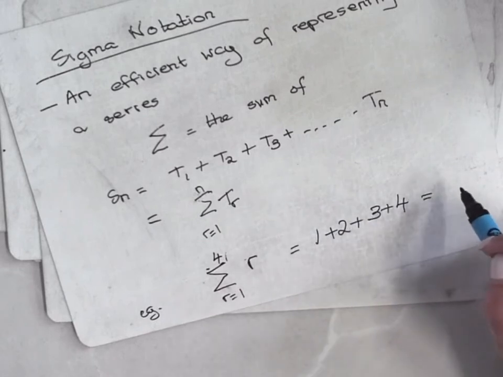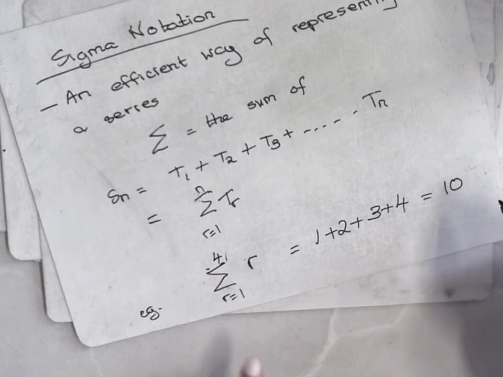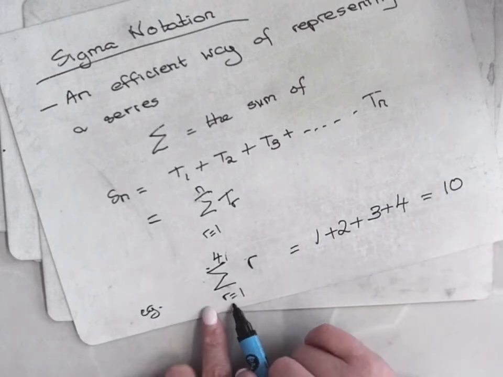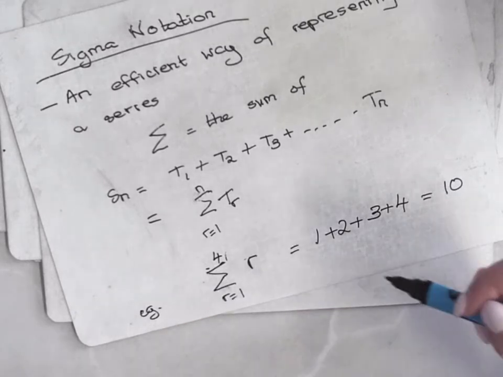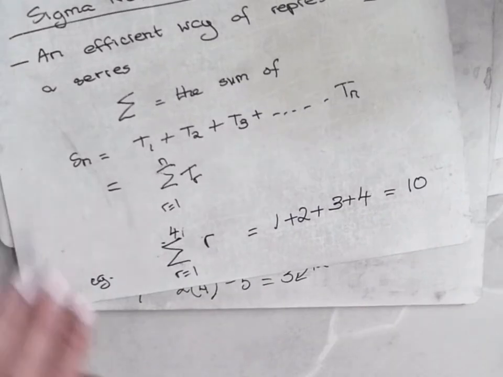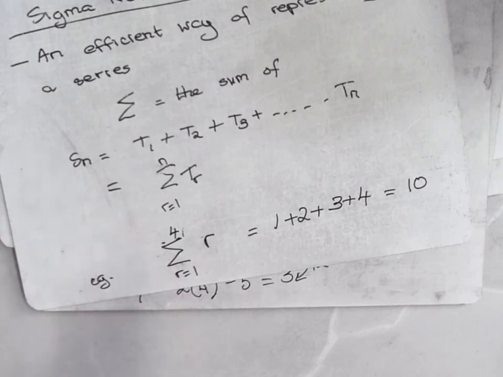That would be 10. So replace r with 1 all the way up to 4, and then add your answers, because sigma means the sum of.